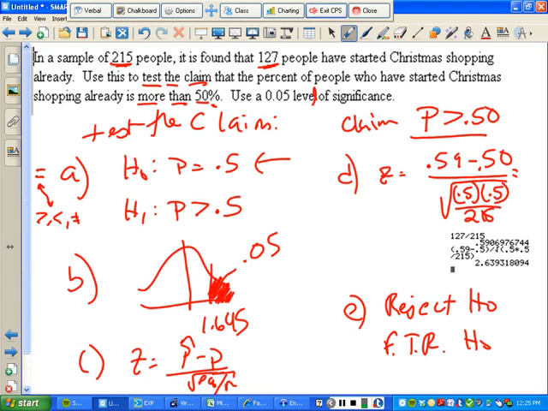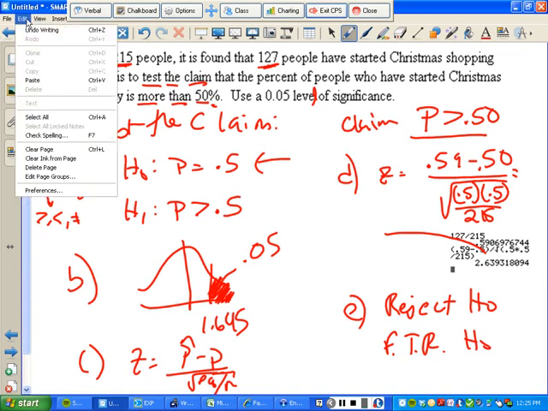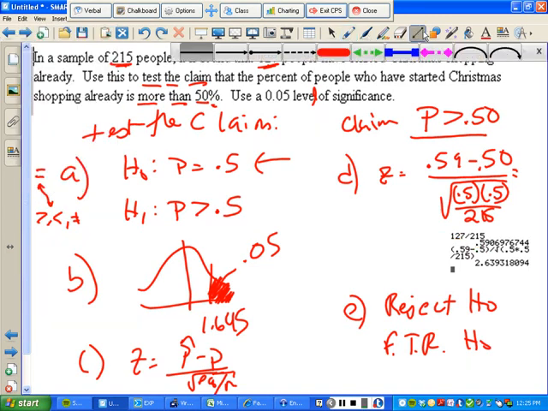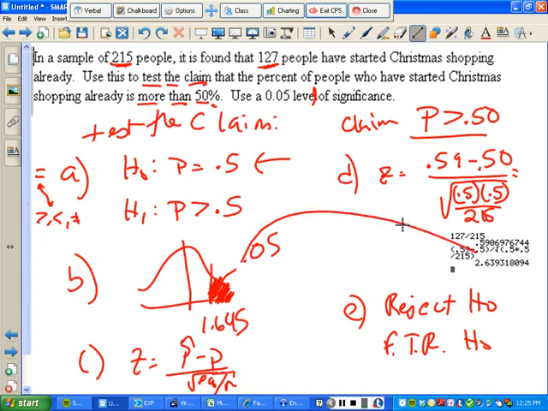Why do we reject? Because it's in the rejection region. So you take the 2.64 and you plug it into this value.